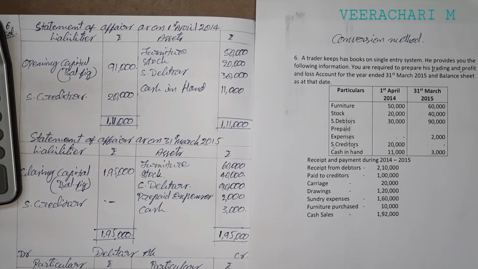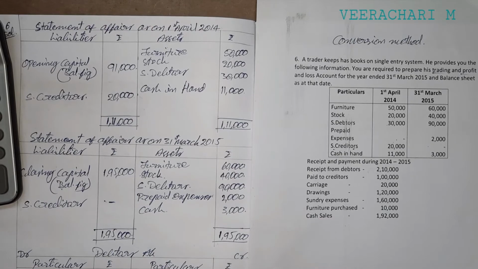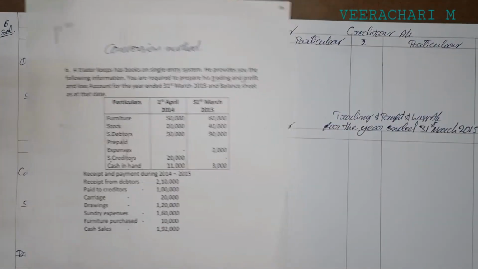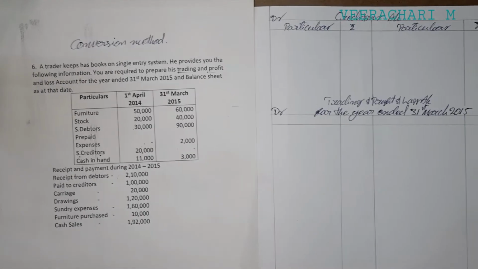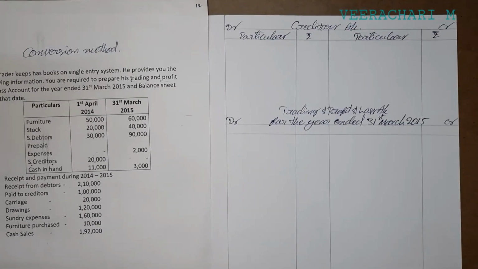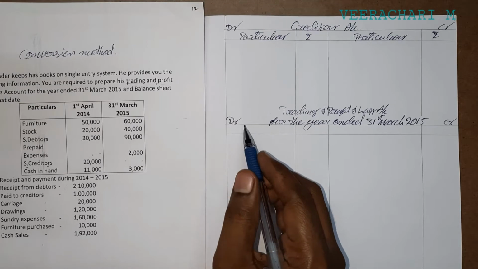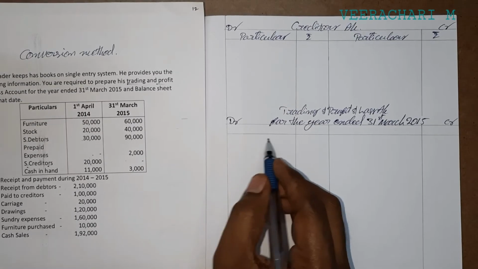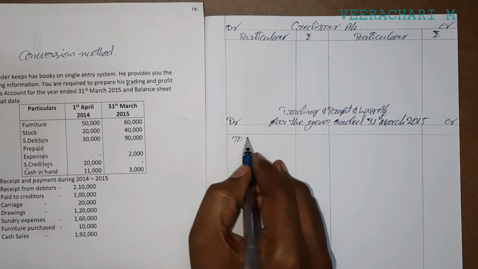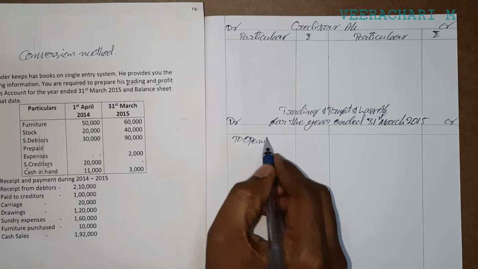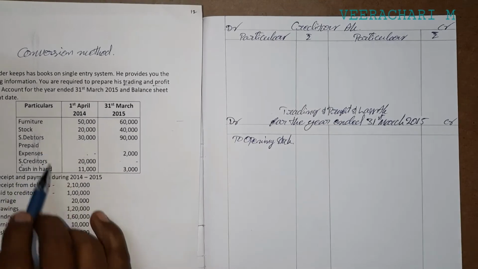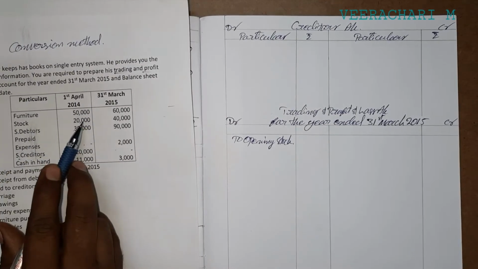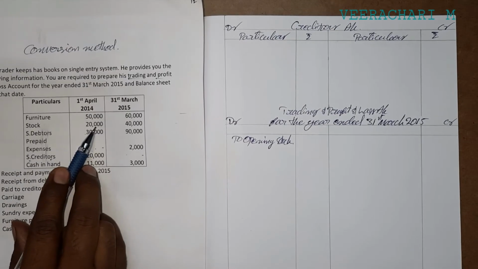We should prepare the trading account and profit and loss account. For computation of the trading account and profit and loss account, go to the trading account. This is the trading and profit and loss account. First of all, in the trading account it is opening stock, that is stock in trade, the 1st April 2014 value.